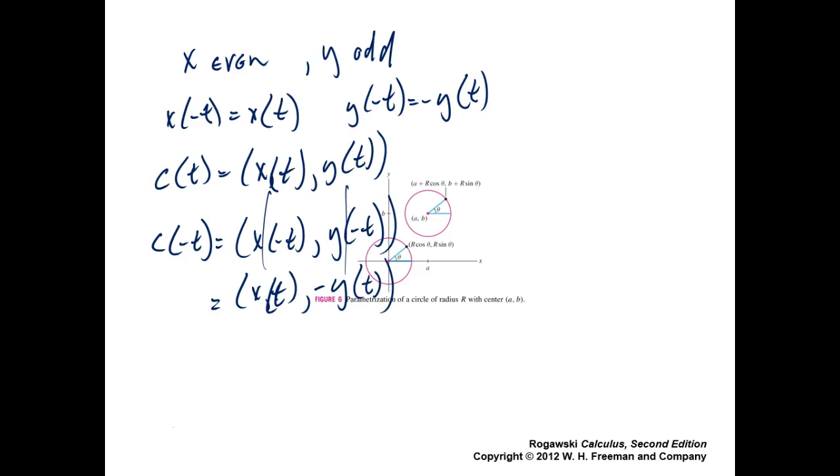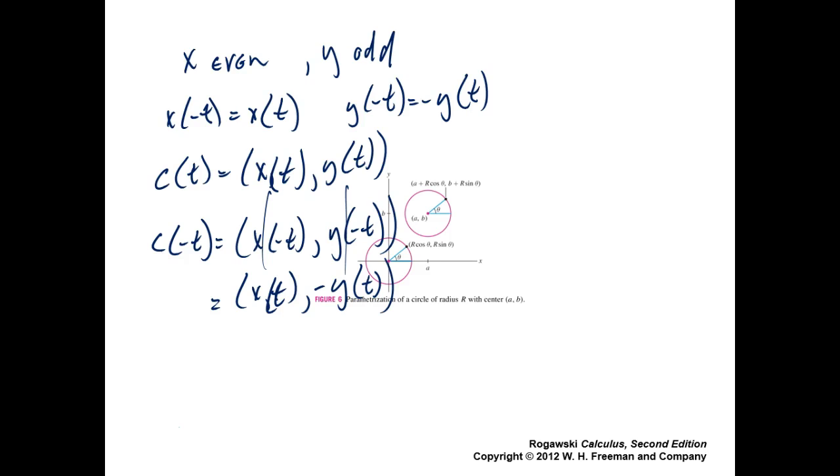Because this means the x's stay the same, but the y is going to be exactly the opposite. So that means you have a mirror reflection across the x-axis.